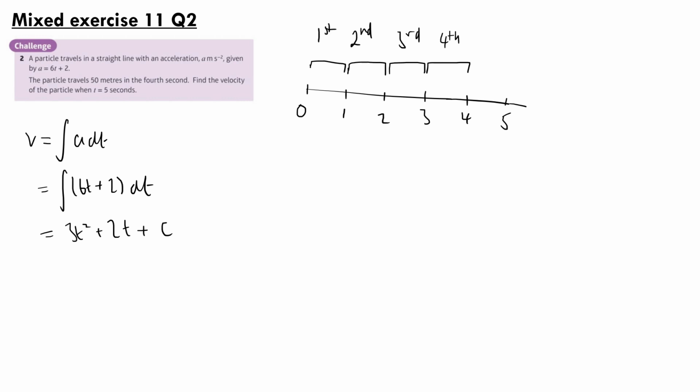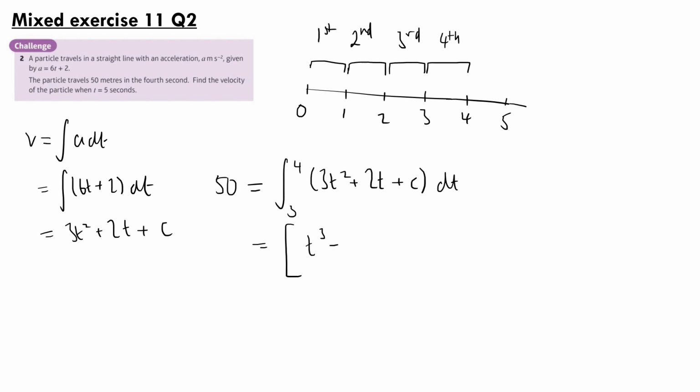So for the distance, we know that 50 is going to be equal to the integral from 3 to 4 of the velocity. So that is 3t squared plus 2t plus c dt. So that is equal to, adding 1 to the power and dividing by the new power, t cubed plus t squared plus ct from 3 to 4.